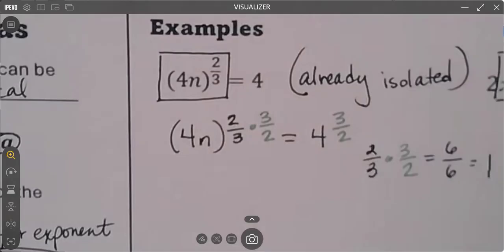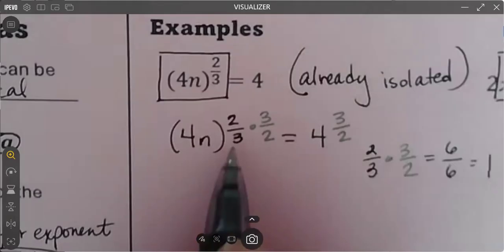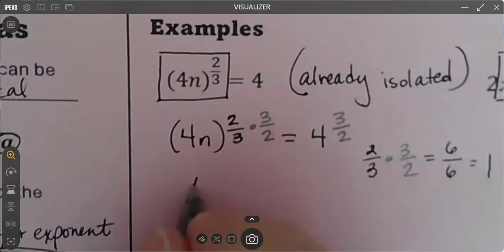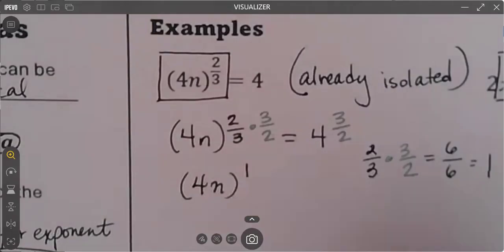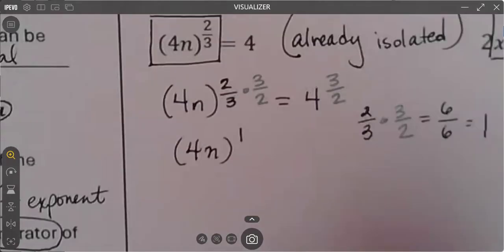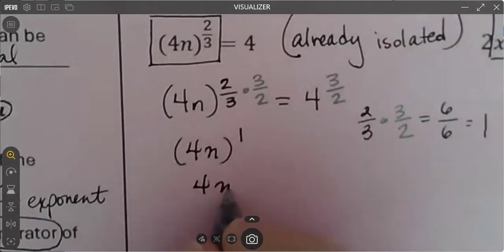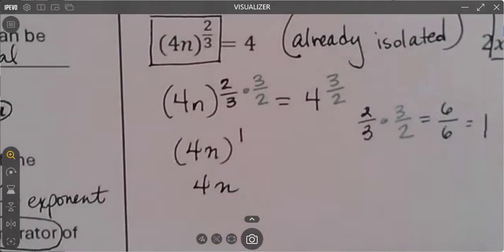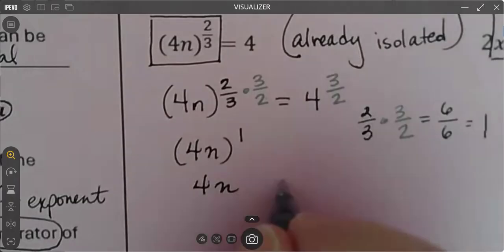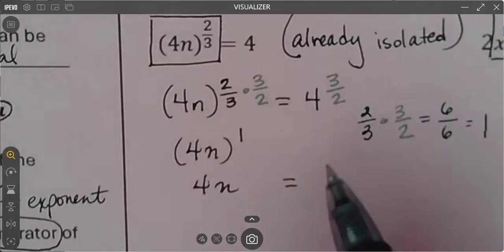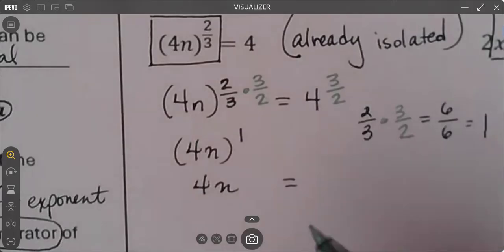So another way to write this is, now that I did the reciprocal exponent, I can write this as 4n to the first power. That's the same as just 4n. No exponent. So I also don't need the parentheses. On the other side of my equation, I have 4 to the 3 over 2 power. Put this in the calculator.